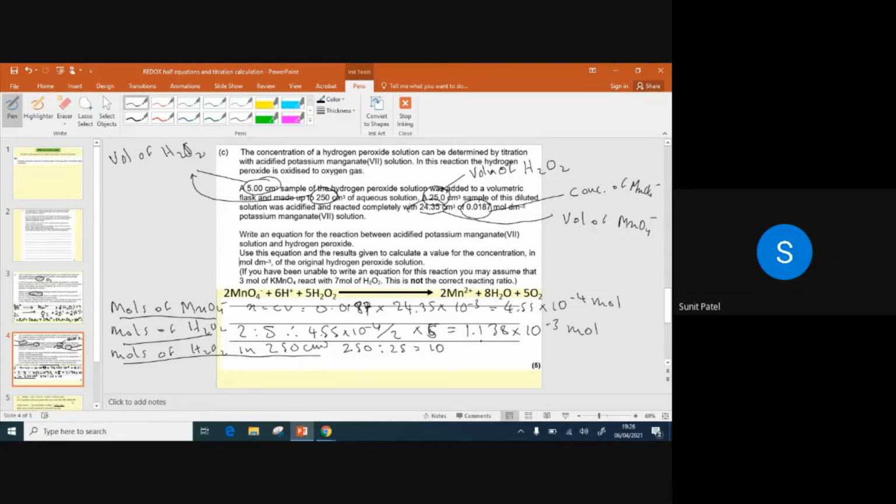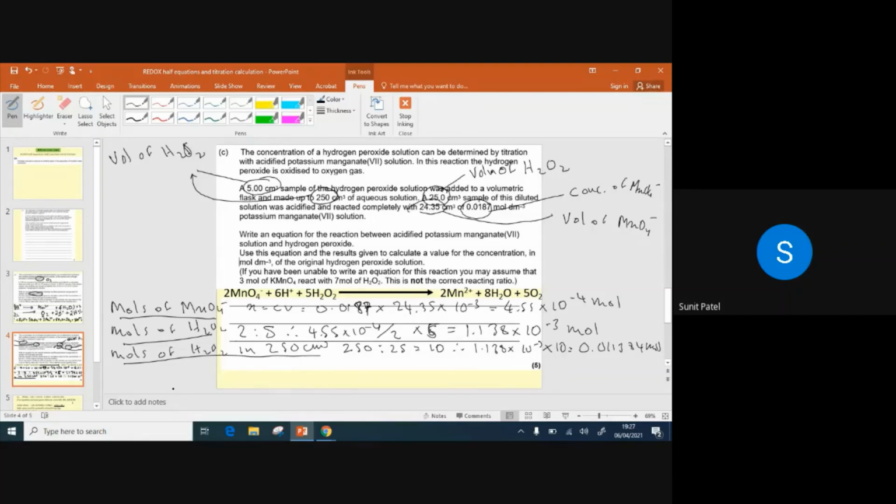So in the reaction mixture, there are 10 times less moles. So what you need to do is multiply 1.138 times 10 to the minus 3 by that factor of 10, giving us the precise amount: 0.011384 moles. And that's what we had in our original sample.